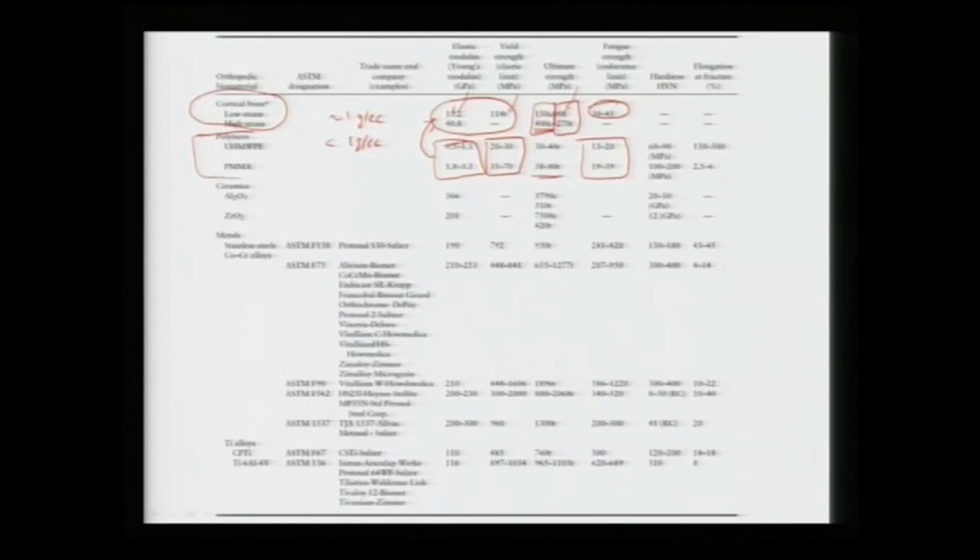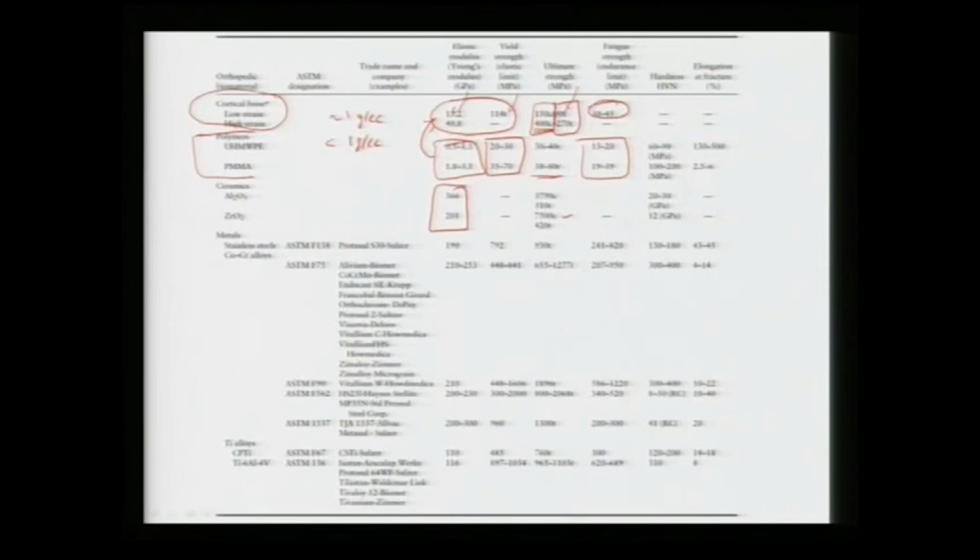Coming to the ceramics, they have very high elastic modulus. Once the elastic modulus is very high, they can impart stress shielding to the bone. So the bone will undergo remodeling and will start resorbing. So that is not really good. Again, the ultimate strength is very high. It can go one or two orders of magnitude higher than that of a cortical bone.